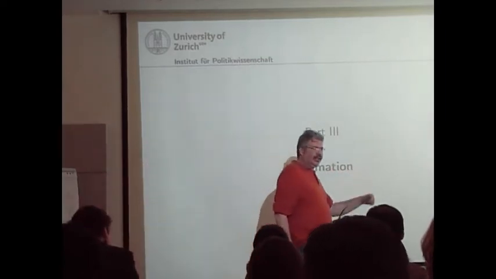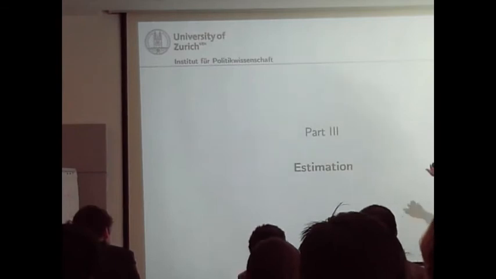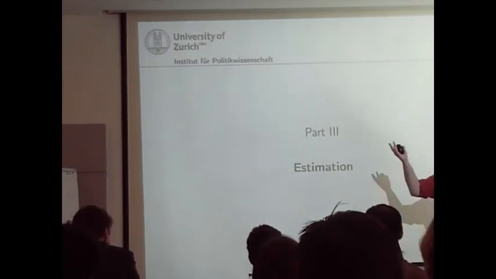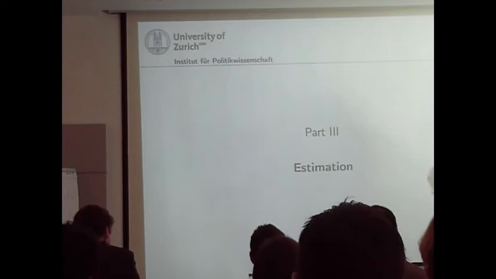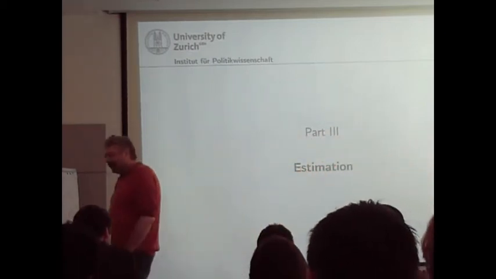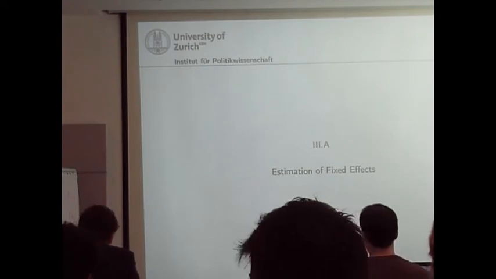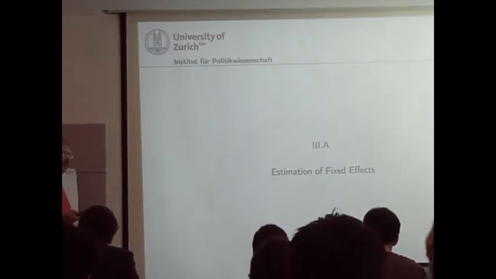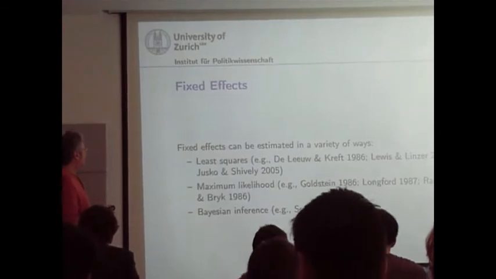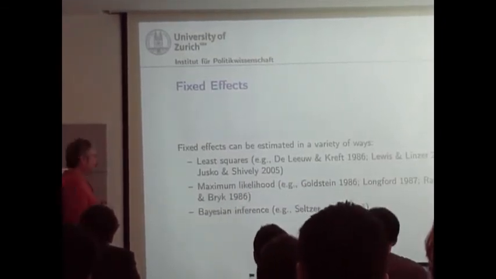One is the fixed effects, the other is the variance and covariance components, and the third is the random effects, these betas that we talked about. There are different strategies for estimating these. The fixed effects are the least problematic part of the estimation, and they can be estimated in basically any number of ways.